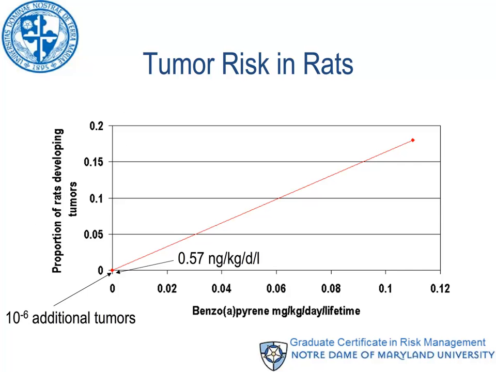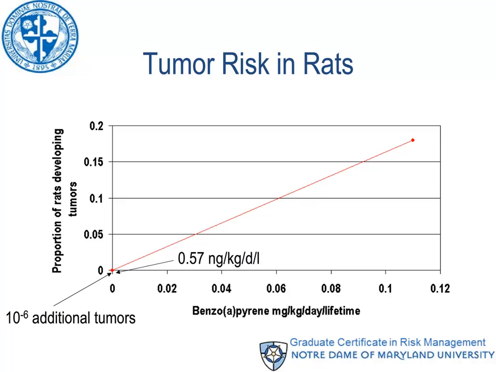So here's the extrapolation. We just calculated the equation for this, y equals 1.75x. We substituted in a value for y, 10 to the minus 6th. So imagine that we could very precisely locate 10 to the minus 6th on the vertical axis.